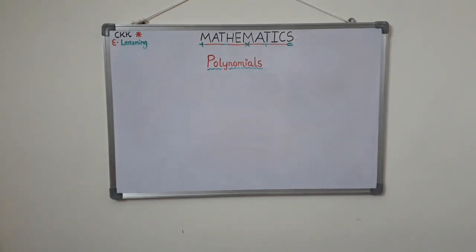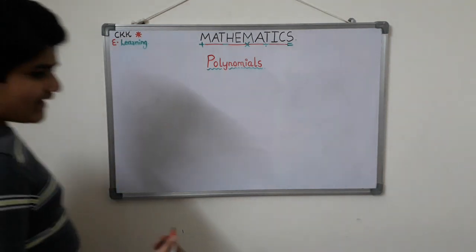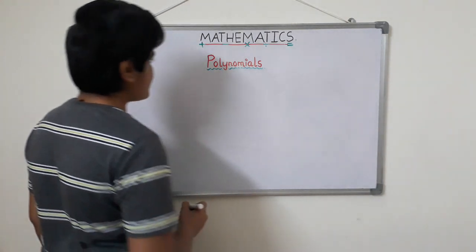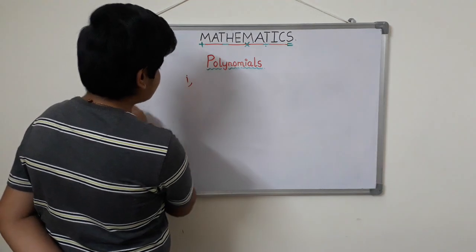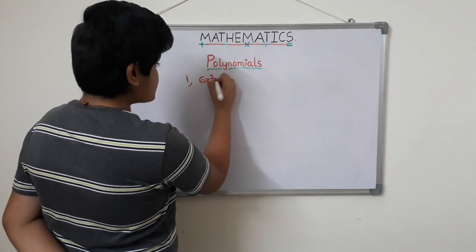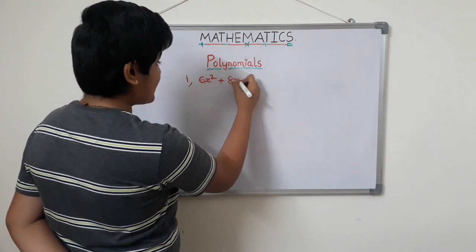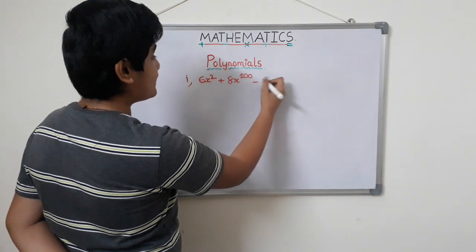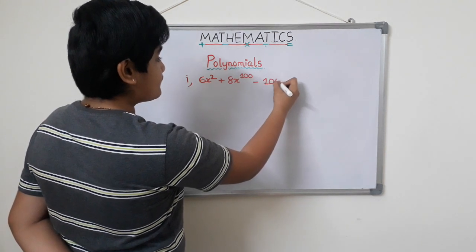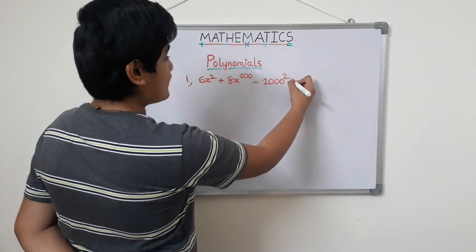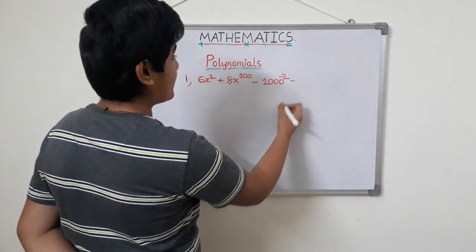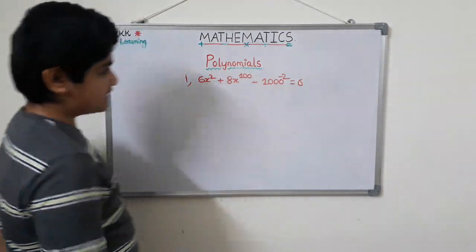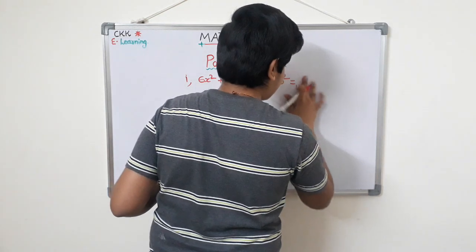Now let us take some more examples which will make you clear. We have discussed what a polynomial is. See the first example very carefully: 6x square plus 8x power 100 minus 1000 power minus 2 is equals to 0. So this is what I have given.